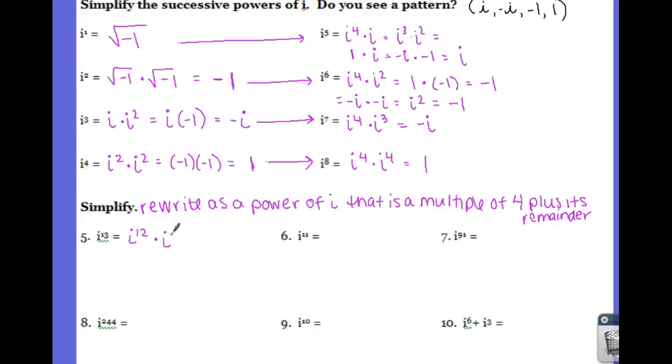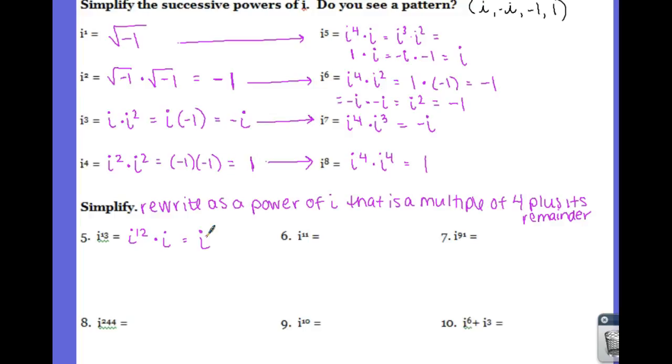So in this case, 1. Anytime you write a multiple of 4, it's 1, so it goes away. i to the 13 is really just i. And this is as hard as this is going to get for this part of it, beyond a little bit of foiling tomorrow.